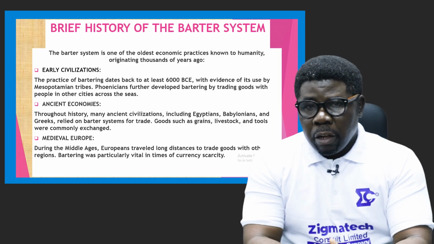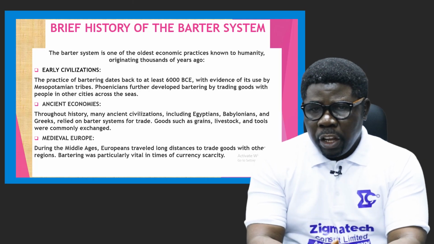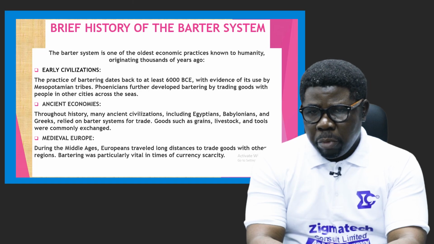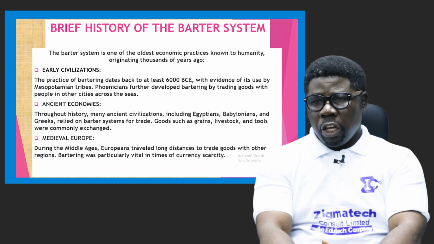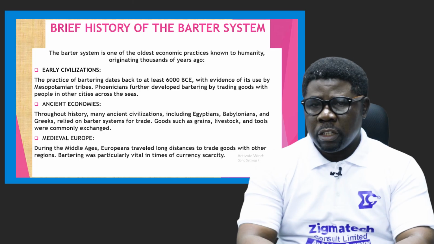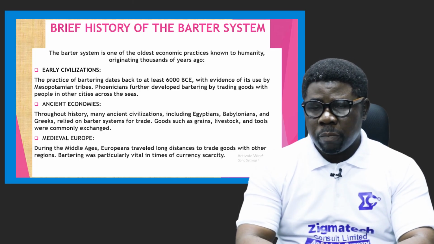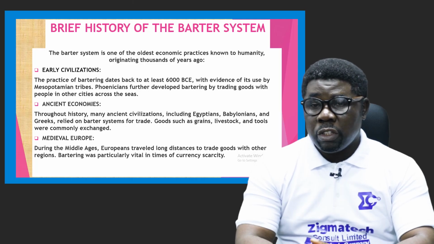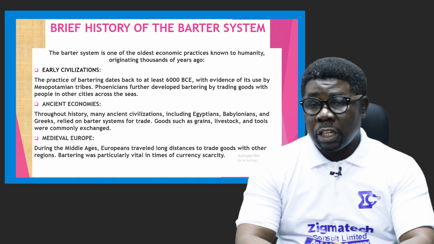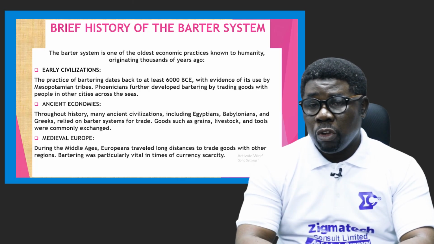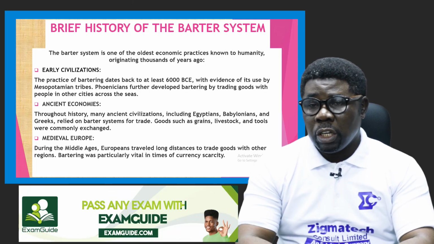After the early civilization, we have the ancient economies. Throughout history, many ancient civilizations, including the Egyptians, Babylonians, and Greeks, relied on the barter system for trade, that is, to meet their needs. There was no money at that time to buy and sell, so they relied on bartering to get what they needed and let go of what they didn't need at the moment.